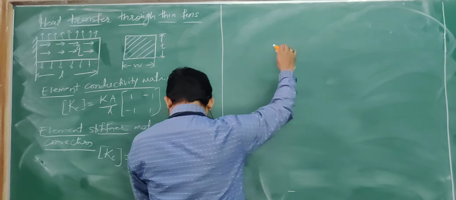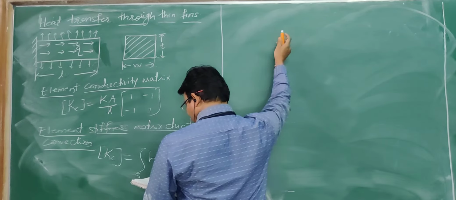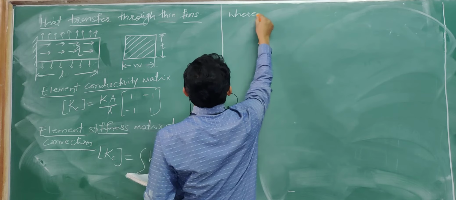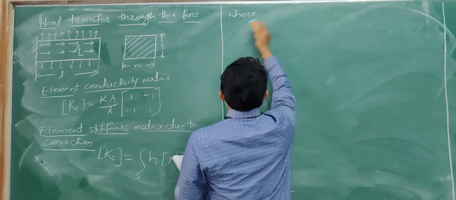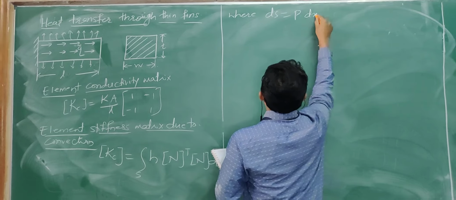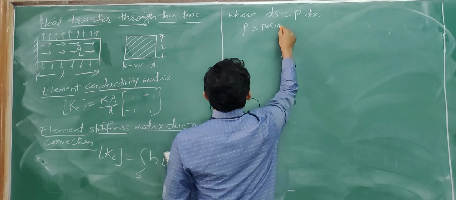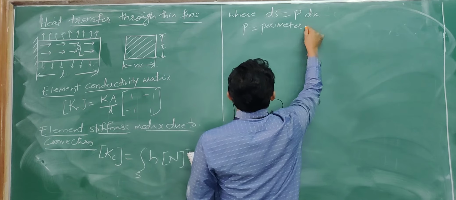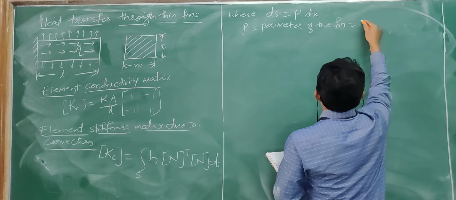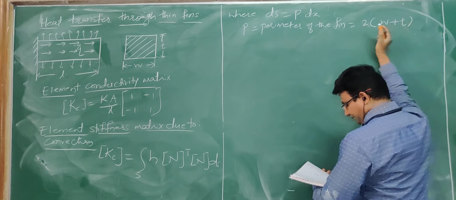Already we have derived the equation for the shape function, so I'll just substitute the values of the shape function. I can represent ds as p into dx, where p is the perimeter of the fin, which is given as 2 times (W plus T).